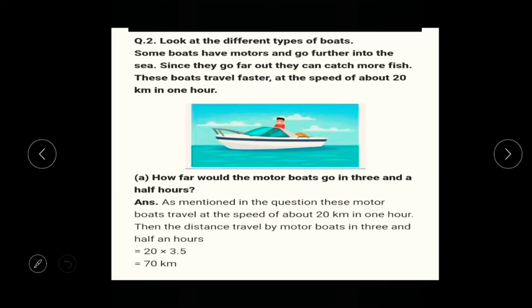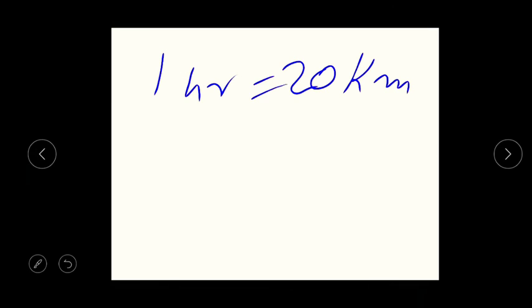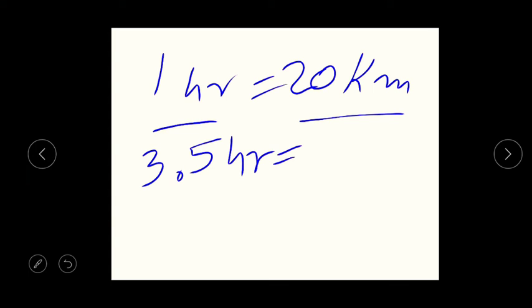A similar question is given here. Here they are saying the boat can travel at the speed of about 20 km in an hour. So how far would the motor boats go in 3.5 hours? For that, we know that in 1 hour it travelled 20 km. For 3.5 hours, we have to multiply 3.5 with 20.